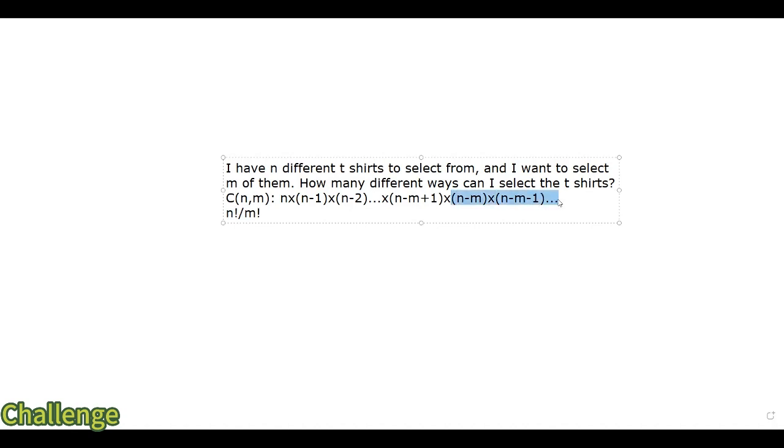And what do we divide by? This should be n minus m. Okay, there we go. So if we want to divide it, we have to divide by n minus m factorial, and we get this result.